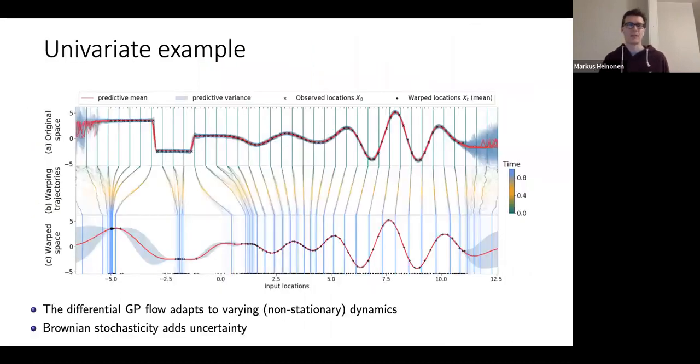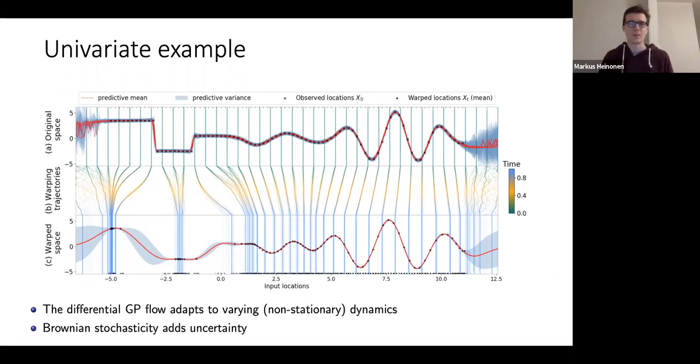So here we see a univariate example of what's going on. So we can first look at the top part of this figure, where we have a univariate regression function, or just the function, and it has these two jumps at the left, and then it's otherwise relatively smooth. So we are first applying input warping to this data. So because the input is the x-axis, it means that when we warp the input, it can only move left or right.